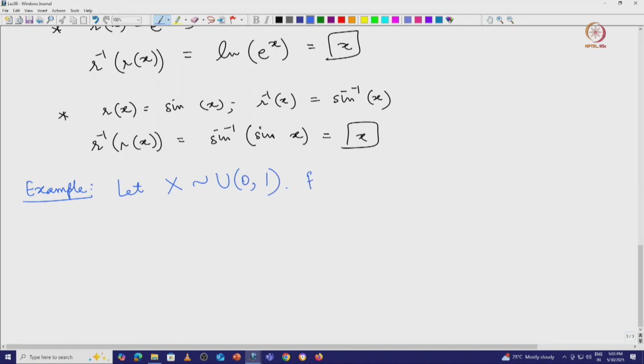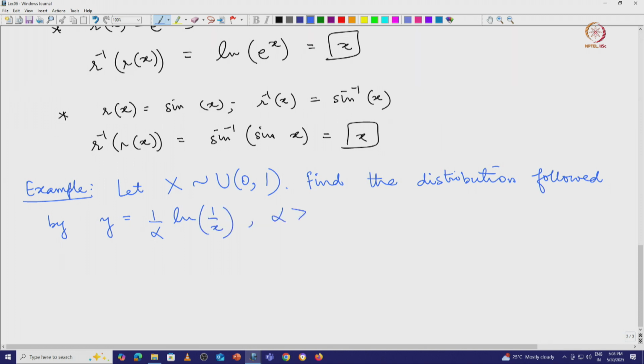We have to find the distribution followed by y equals 1 over alpha log of 1 over x, where alpha is a parameter that is greater than or equal to 0.